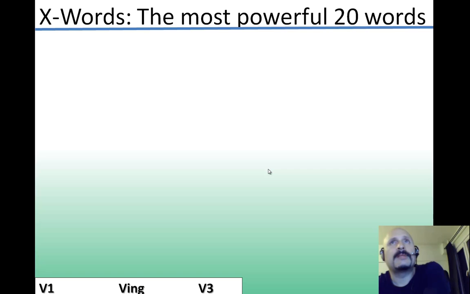So I call these helping verbs X words because they are the most powerful 20 words in the English language. They do all of the grammar work, and they come in 4 families: the be family, the have family, the do family, and the modal family.